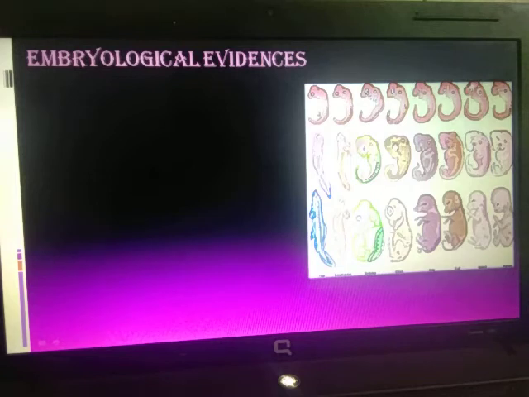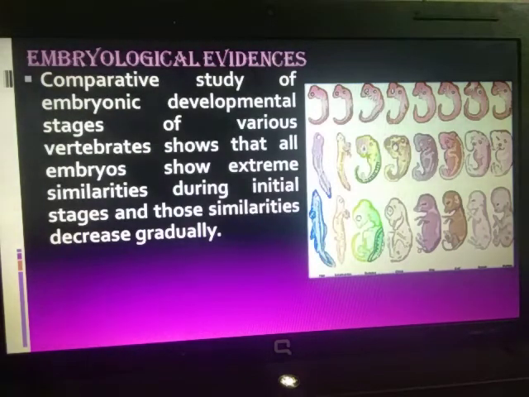These are the embryos of different organisms: the first one is fish, second a salamander, third a tortoise, fourth a chicken, fifth a pig, sixth a cow, then a rabbit and a human being. In their early stages of development, they show similarity. That means they must have come from a common ancestor.